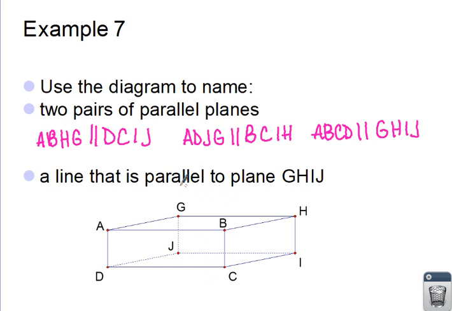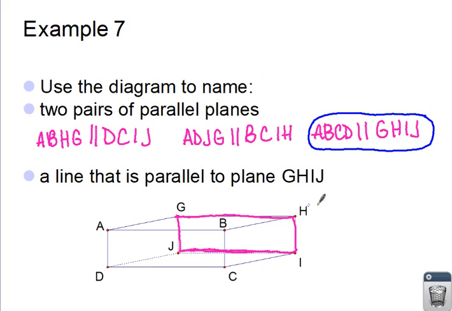Alright, and then we want a line that is parallel to plane GHIJ. GHIJ is the back of the box back here. Okay, think about what lines could be on a plane that is parallel to this. And we've already said up here, right here, what plane is parallel to GHIJ.